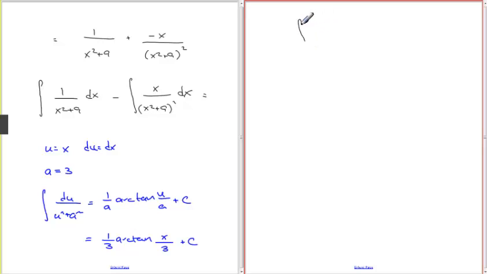So what is the integral of x over the quantity x squared plus 9 squared dx? Well, in this case, let's use red. U, in this case, is going to be x squared plus 9. So du is equal to 2x dx.